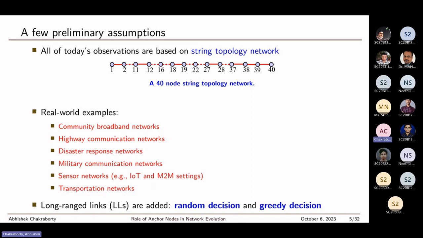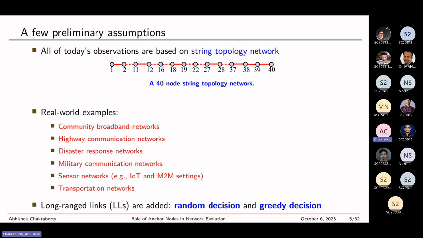So this long link can be added based on two strategies, either based on random decision making or based on greedy decision. When we take a greedy decision, we are trying to optimize one or multiple network characteristics of a network.